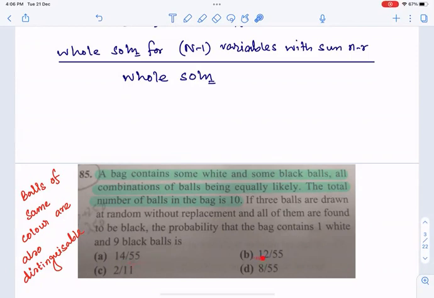And as you can identify, none of the options is 1 by 8. So by default, from the given options, we will consider balls of the same color are also distinguishable. Because if balls of the same color are distinguishable, then only, out of the available certain number of balls of the same color, which specific ones have been selected or withdrawn, that we can distinguish, and then only our probability can differ from 1 by 8.